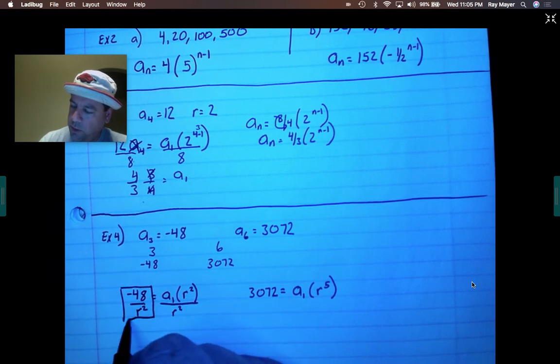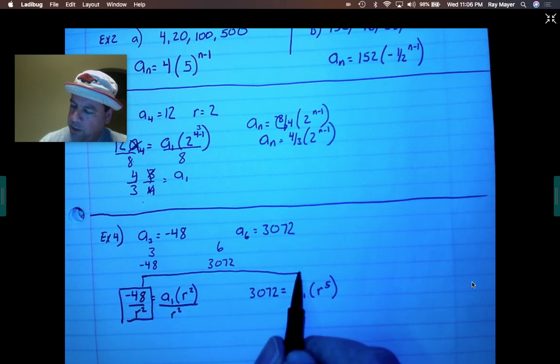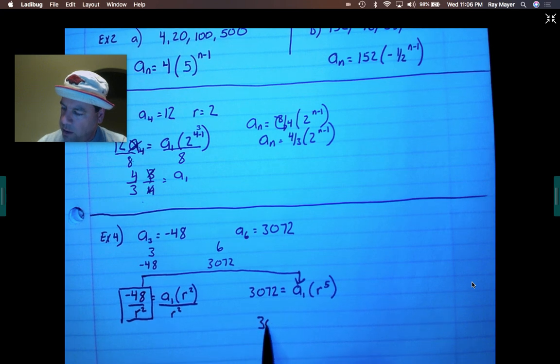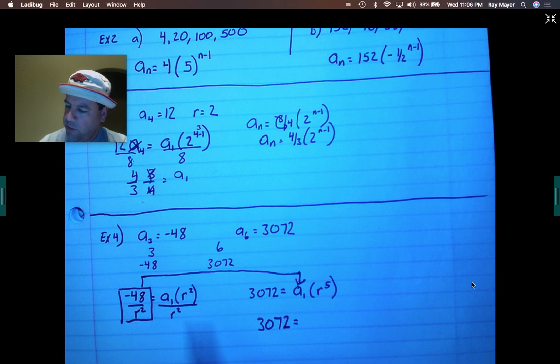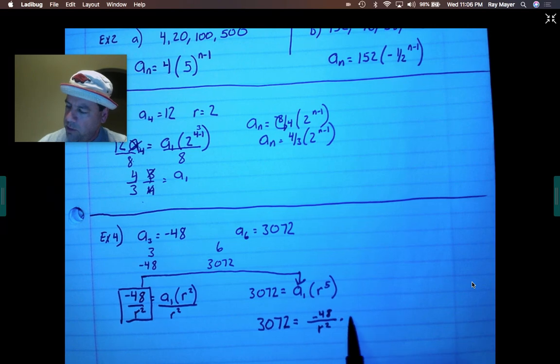Now I'm going to put this in place of that. And so I have 3072 equals, instead of a sub 1, negative 48 over r squared times r to the fifth.